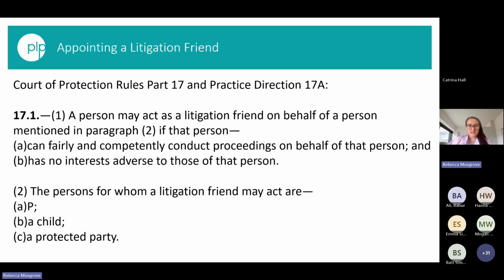So what we're going to look at is what the case law says about how we in effect define those things. What does it mean to be able to act fairly and competently, and what do we need to look at in terms of there being no interest adverse to those of that person? As we know, the persons on whose behalf a litigation friend may act are P, a child or a protected party. For the purpose of this, we're going to be focusing on P and Court of Protection proceedings.